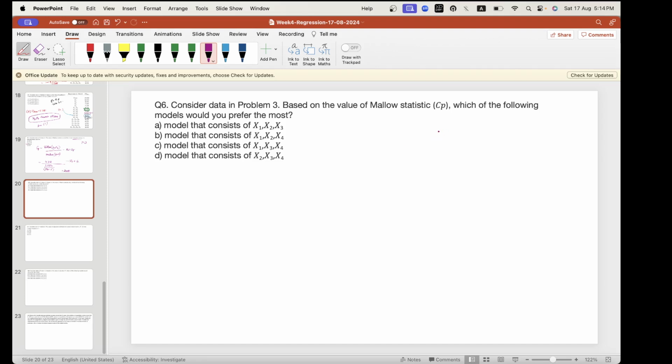Now, I want to tell you one thing. In case of Cp, we always make a plot like this. Then we'll have one Cp equal to p line. We want to take models which would have values lying very, very close to this line and with a smaller p.